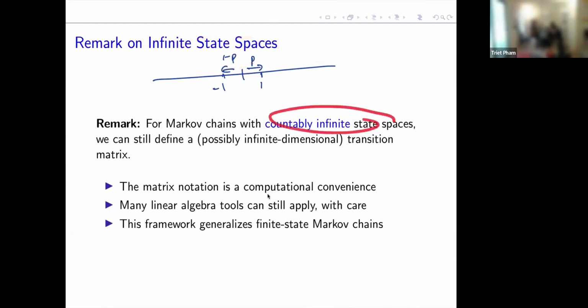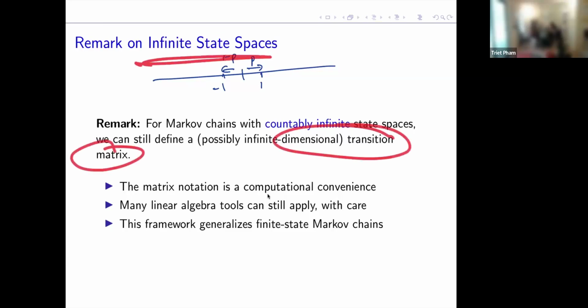So we still can make sense of something called a transition matrix. And possibly, well, there's functional analysis, but I'm not sure if folks define an infinite dimensional matrix exactly formally. Maybe I haven't done linear algebra in that advanced way. I haven't taught it, so I don't know. It can be done. Anyway, we still call it a transition matrix.